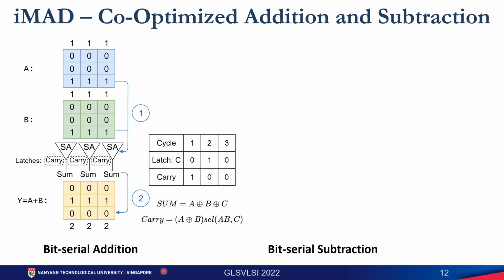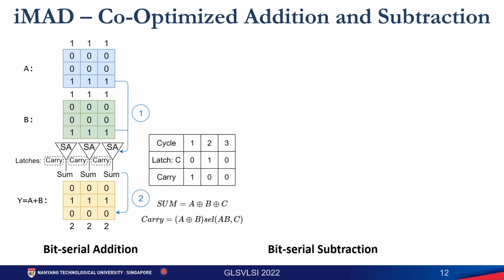This graph shows the detailed addition workflow. We add the numbers bit by bit. For example, A and B are 2 vectors. Y is the addition result vector. First, we read in 1 bit of A and B, and the sense amplifier calculates sum and carry.